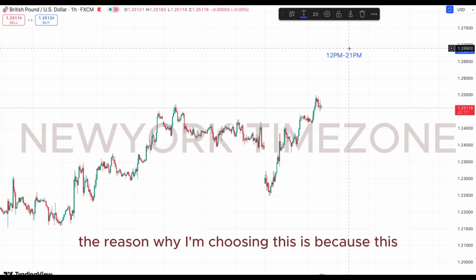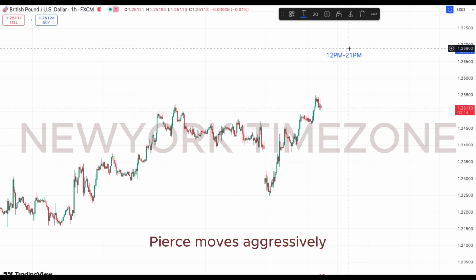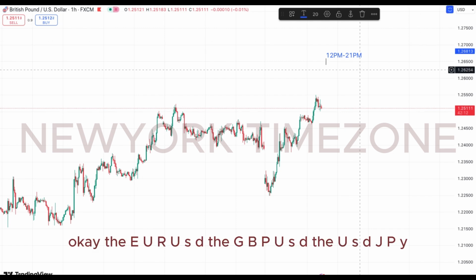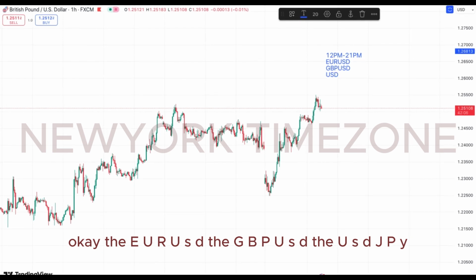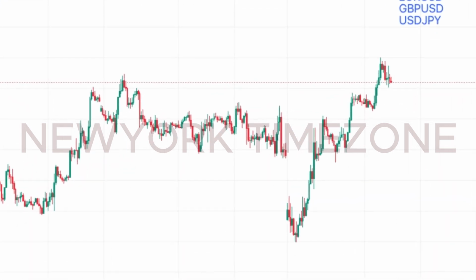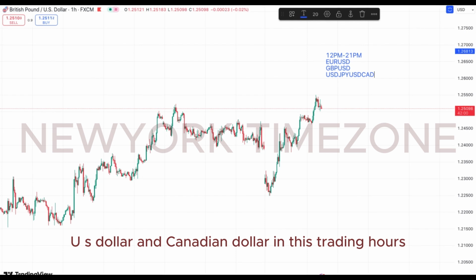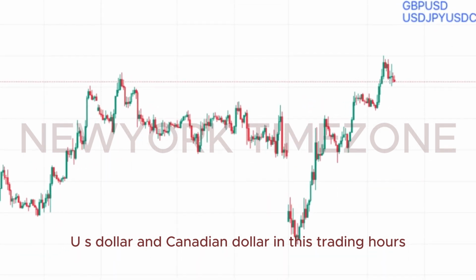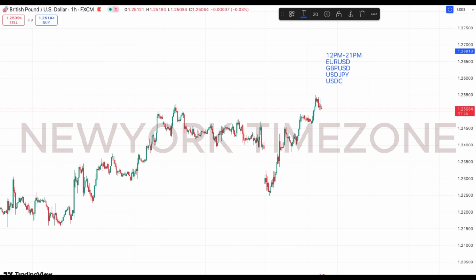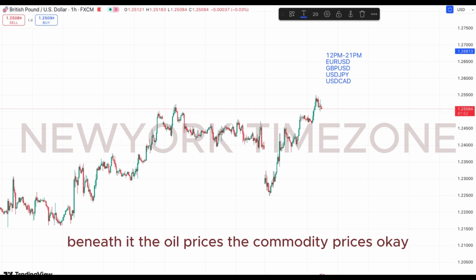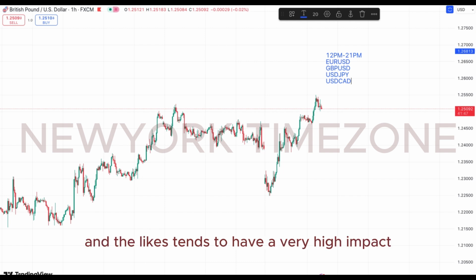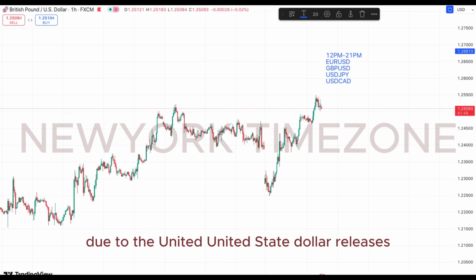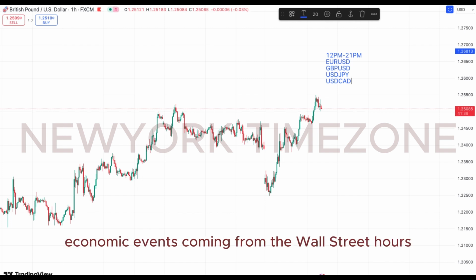Why am I choosing this? The reason why I'm choosing this is because these pairs move aggressively. The EURUSD, the GBPUSD, the USDJPY, USD and Canadian dollar. In this trading time with these pairs, be it the oil prices, the commodity prices, the forex, the bitcoins and the likes, tend to have a very high impact due to the United States dollar releases, the economic data releases, economic events coming from the Wall Street hours.